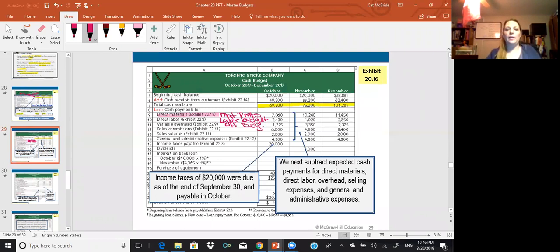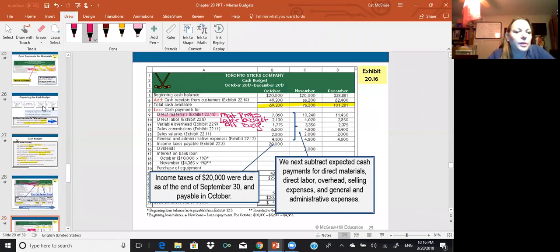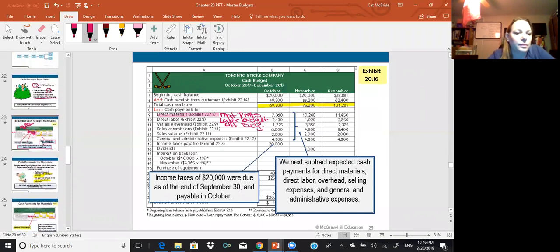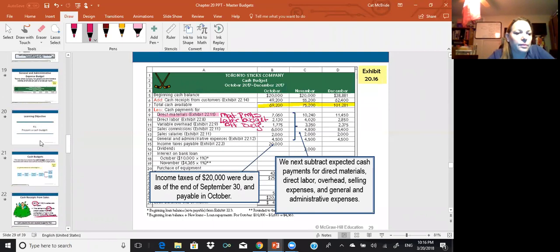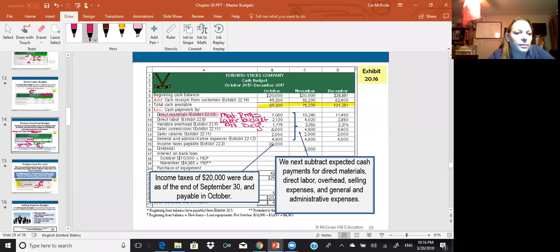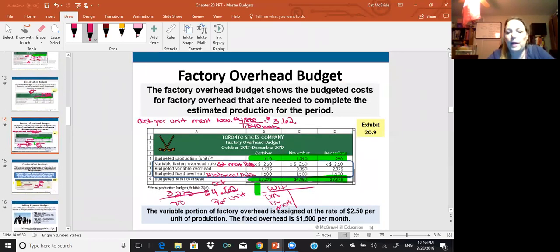So where the overhead is 1775, there's our overhead budget.